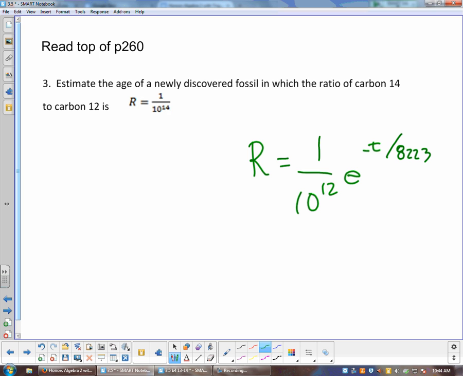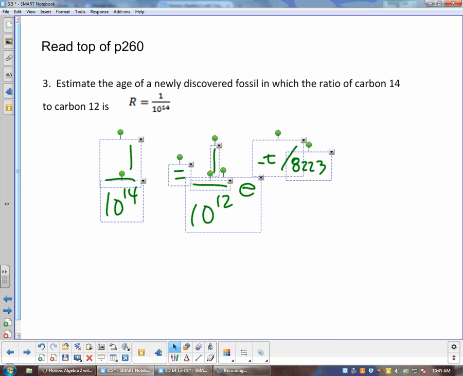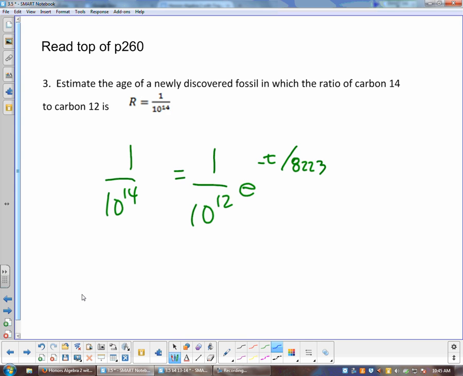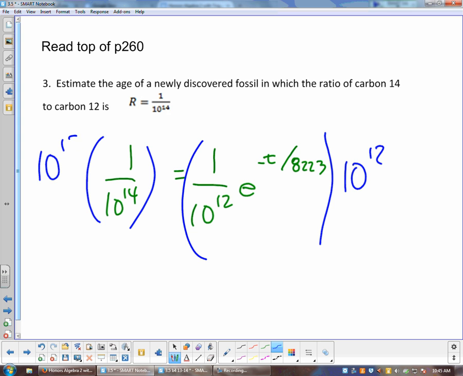I would recommend that you multiply both sides by 10 to the 12th to get rid of this.